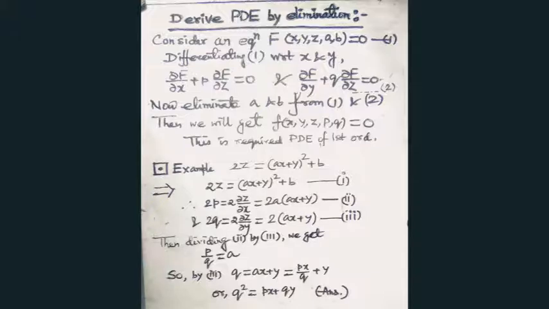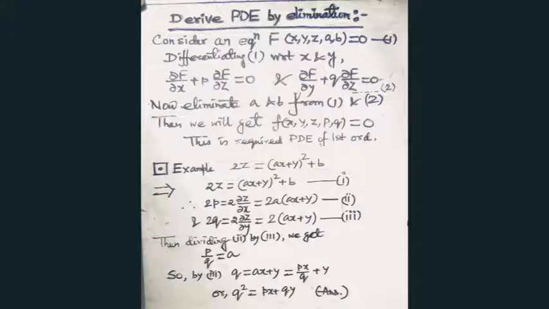Now eliminating a and b from these three equations, we will get a relation of the form f(x, y, z, p, q) = 0, where p and q are partial derivatives with respect to x and y. That gives the partial differential equation of first order.